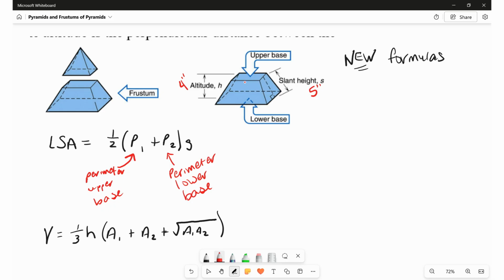We're going to let this upper be 8 inches and this lower be 14. And we're going to say that the upper and the lower are both squares. All right, so let's get into it.